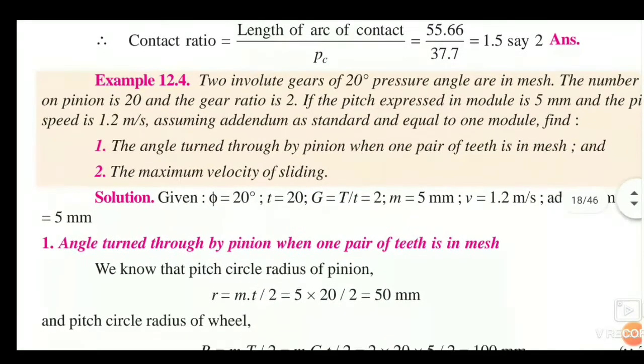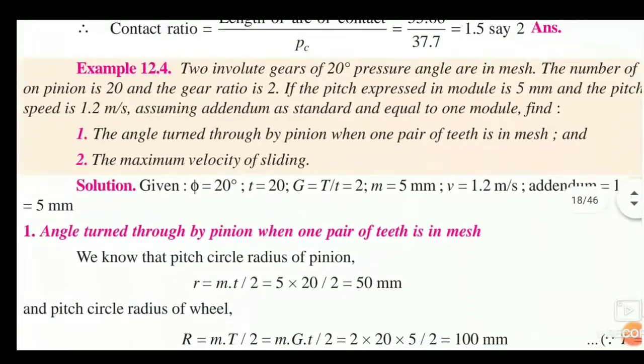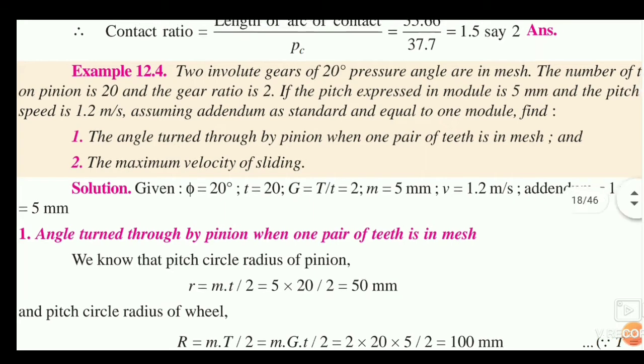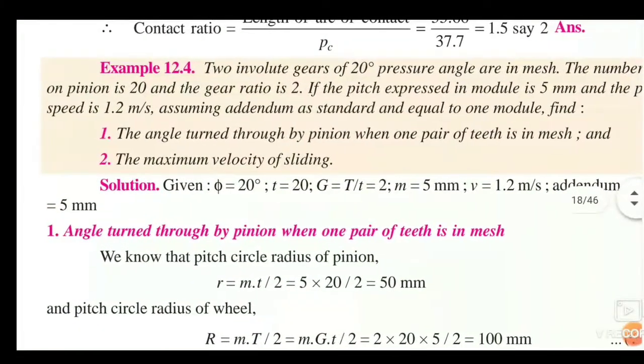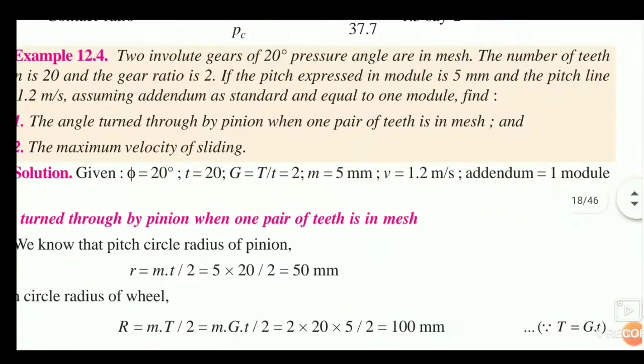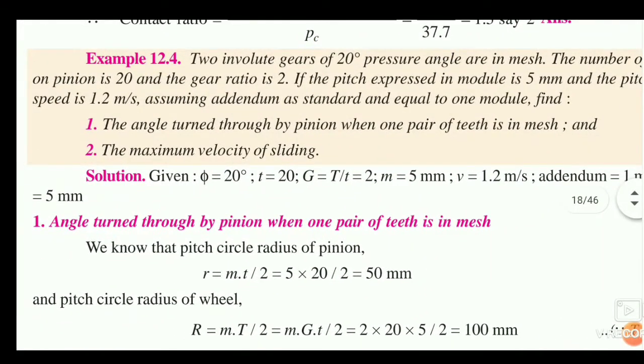Then there is another type of problem you can see here. There are two involute gears in mesh, 20-degree pressure angle is given, the number of teeth on the pinion is given, and gear ratio is given. So this is a little bit different. If the pitch expressed in module is 5 and pitch line speed is 1.2 meter per second, assuming the addendum as standard and equal to one module, find the angle turned through by the pinion when one pair of teeth is in mesh.